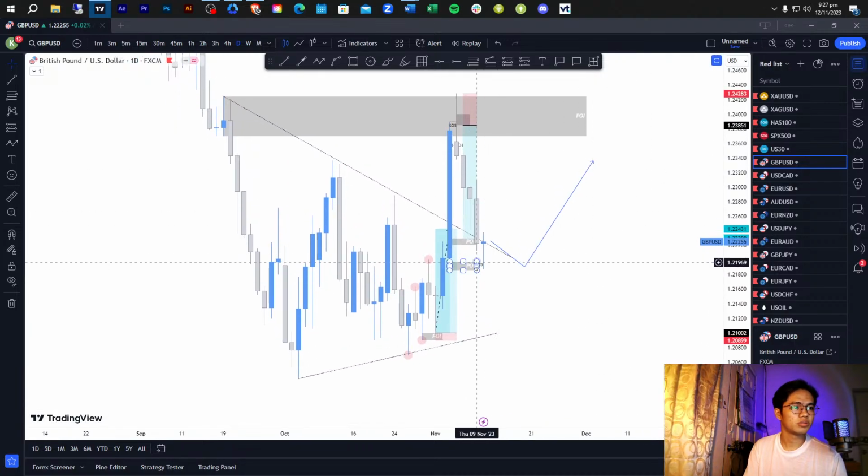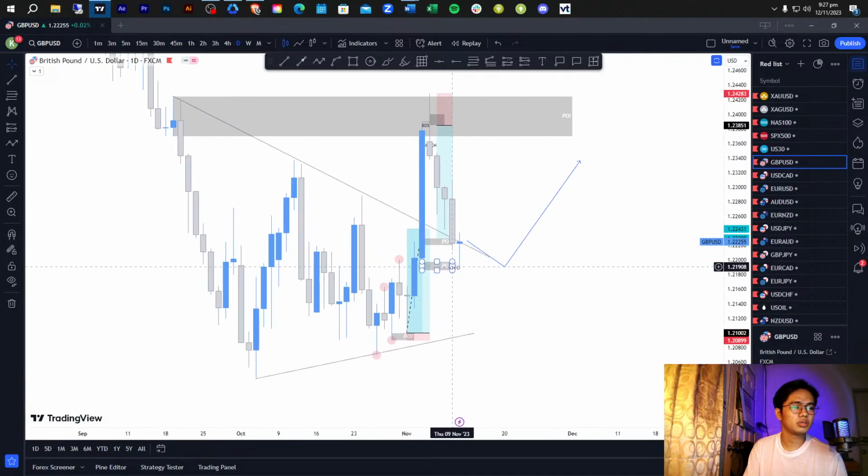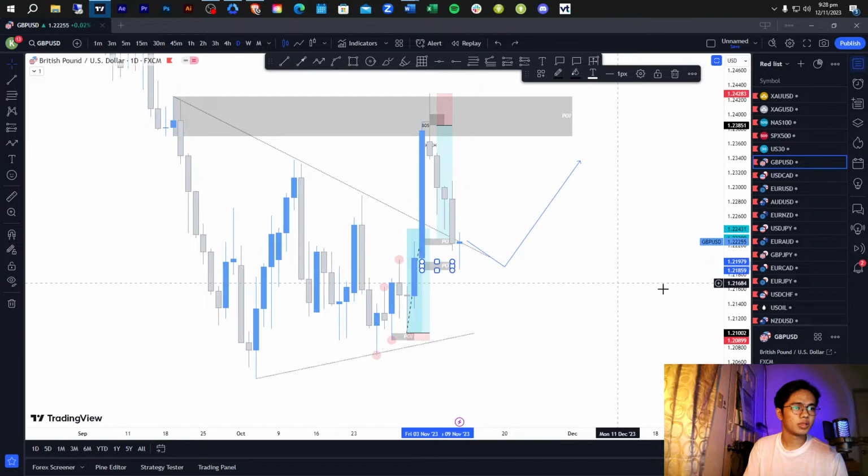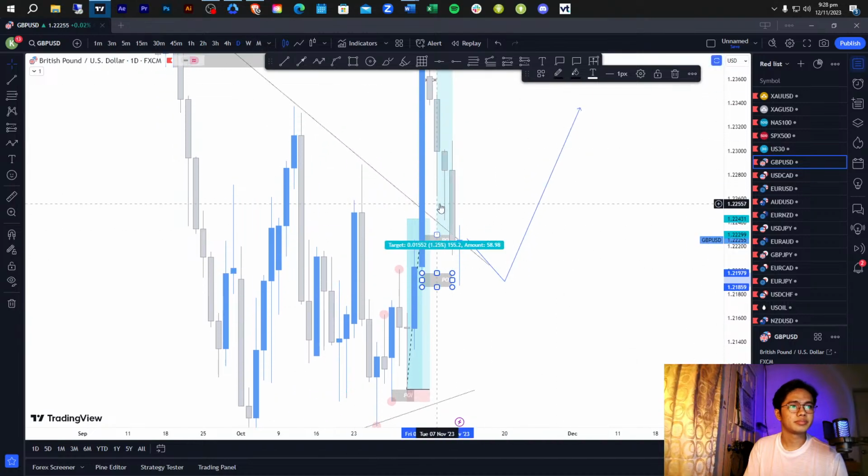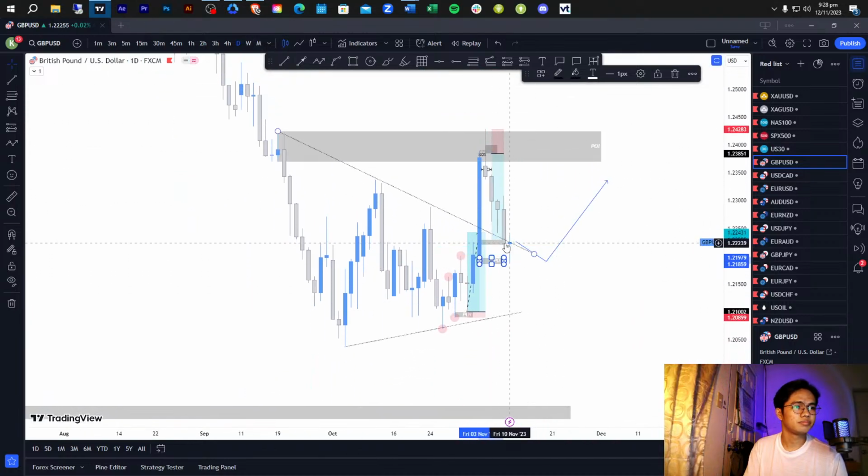Right now the last daily candlestick just mitigated our lowest POI, which is below the broken trend line resistance.